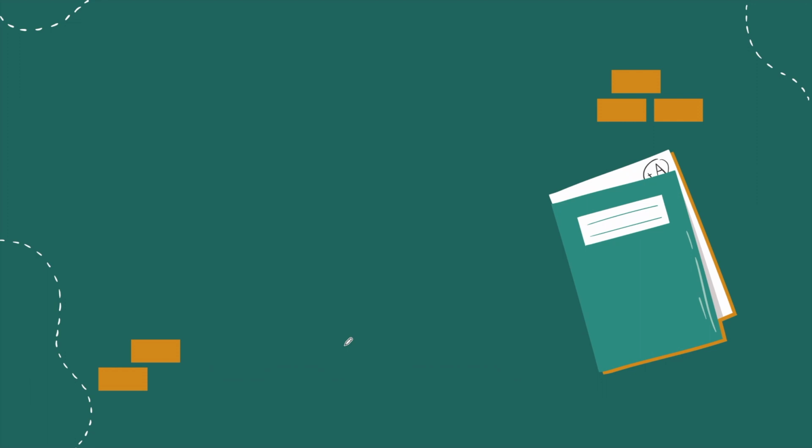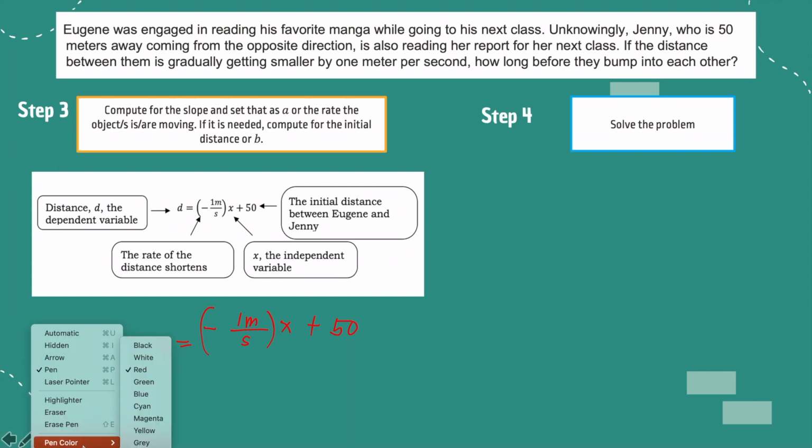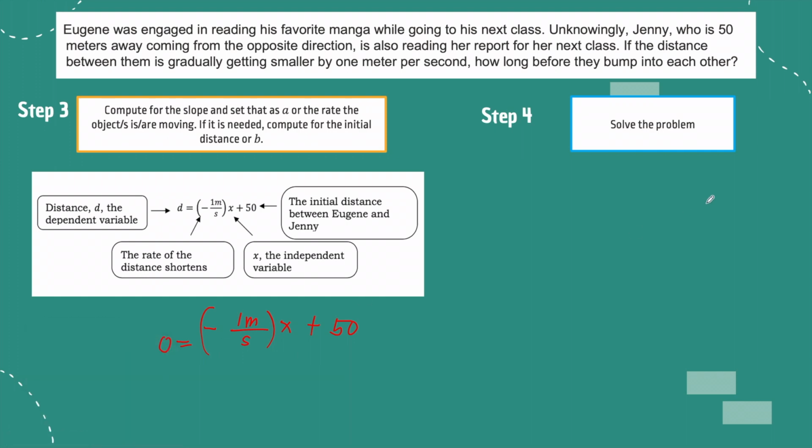So, when we're about to solve the problem, dito ka magsa-start. So, 0, just change the color of the pen. Okay, so you have 0 is equal to quantity negative 1 m over s times x plus 50.